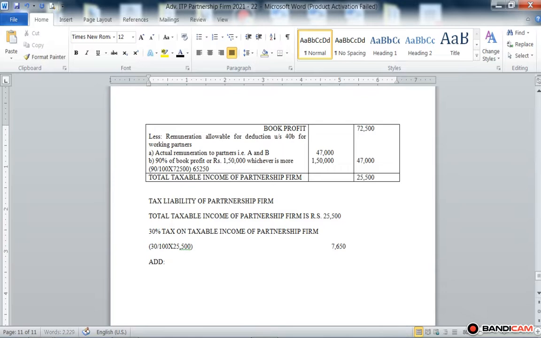Then we add the 4% health and education cess. So 4% on tax liability, 4 divided by 100 multiplied by 7,650. So here into 4%, that is 306 rupees is the health and education cess.